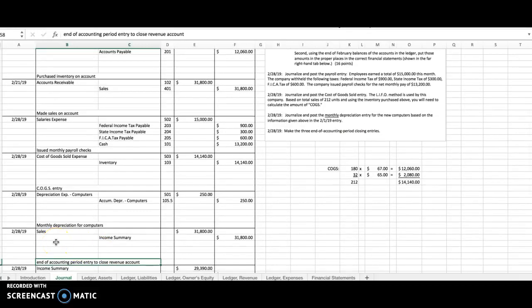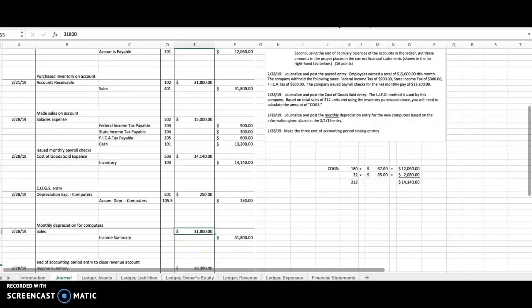So, first closing entry closes the revenue account, which is sales, and you see it's debited, and you see the credit for this entry goes to an account called income summary, and that is the same amount of money. The $31,800 comes from the sales account.